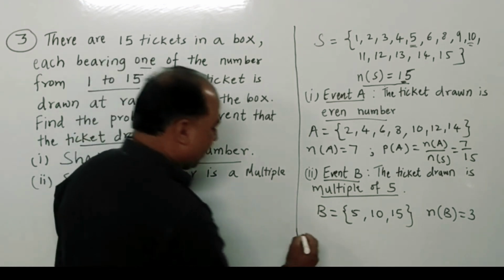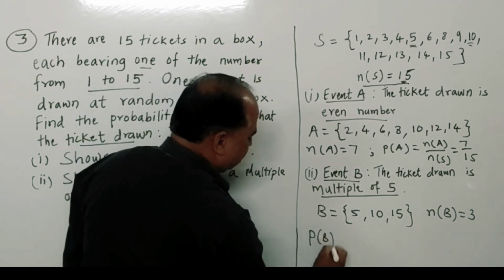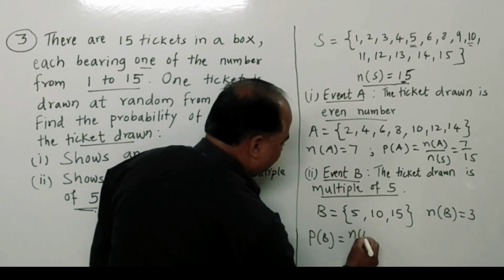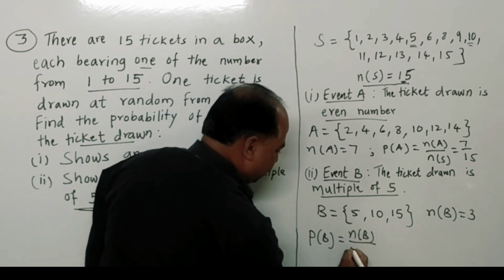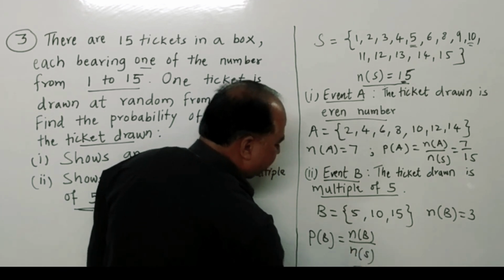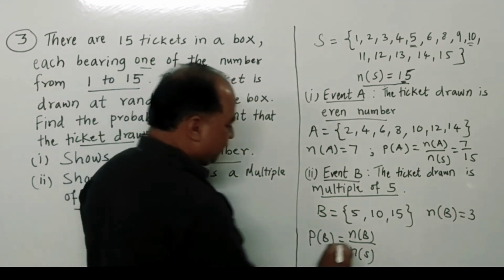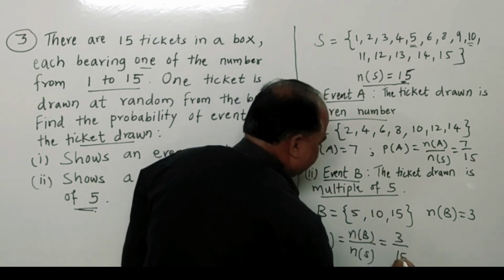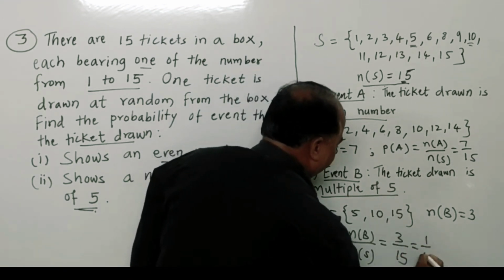So the probability of B, that the ticket drawn is a multiple of 5, is equal to the number of elements in event B upon the number of elements in sample space S, which is equal to 3 upon 15, which is equal to 1 upon 5.